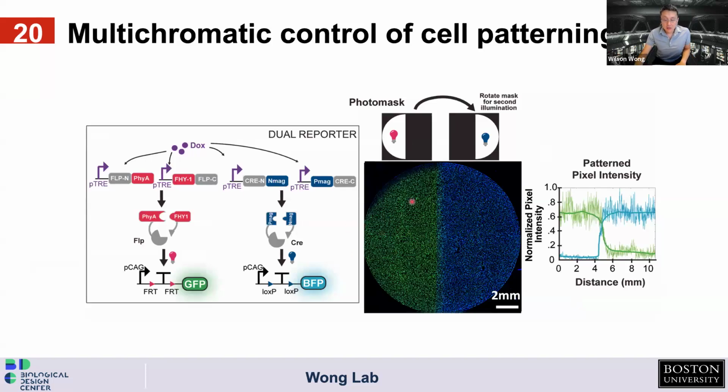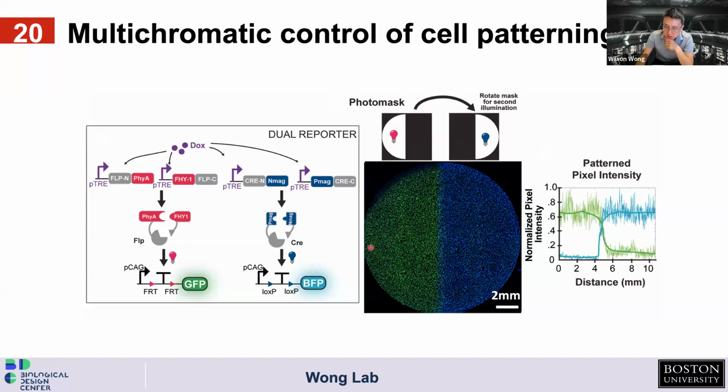So this is another test of this inducible reporter. We have two different genes, and we put them all in the same cell. Then let's say we do a photomask with only one side shining red light, and the other side only shining blue light, and then see how much of a, we also want to test how sharp the boundary is a little bit.